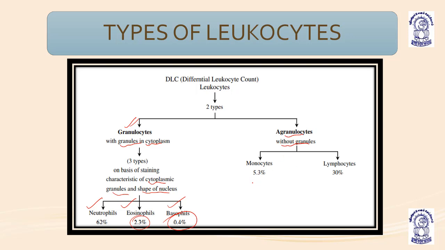Agranulocytes, without granules, are further divided into monocytes, 5.3%, and lymphocytes, around 30%.